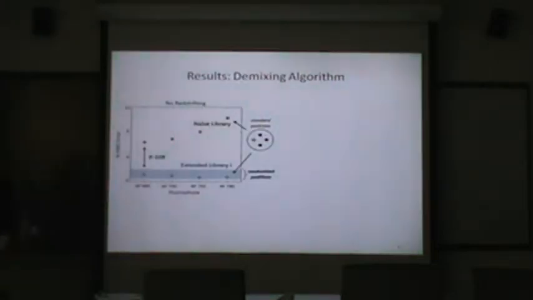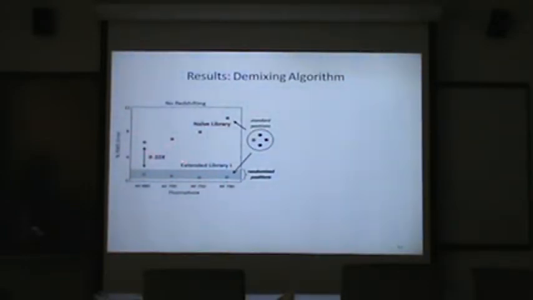Okay, so let's look at some results. These are the results when there's no redshifting. In other words, we assume that the optical properties don't vary with wavelength. The red squares represent the demixing performance when we use the naive library. And the blue circles represent the demixing performance when we use extended library 1, which was the one that had 3 fluorophore signatures per fluorophore.